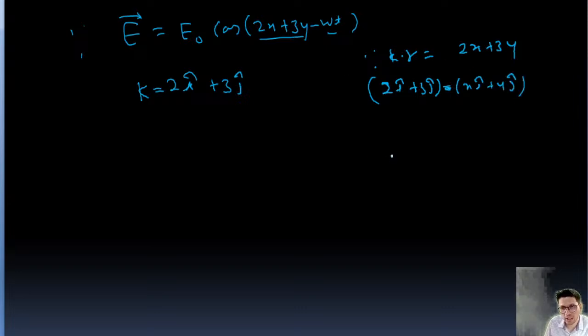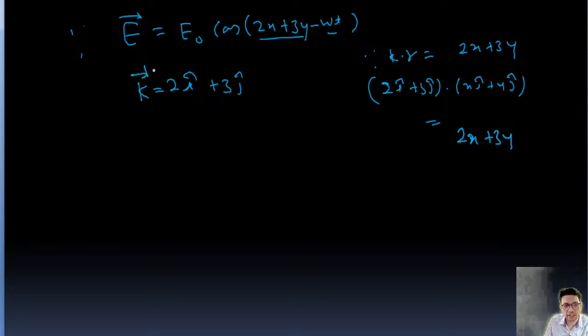R is the position vector, in 2D. If you solve this dot product, the value is going to be 2x plus 3y. So k dot r equals this, and from here the k value is 2 I cap plus 3 J cap.